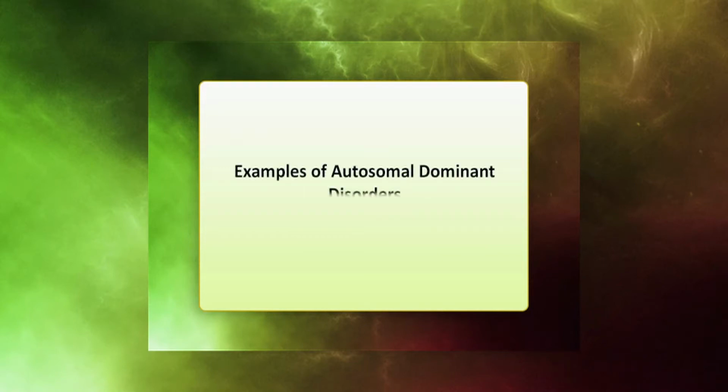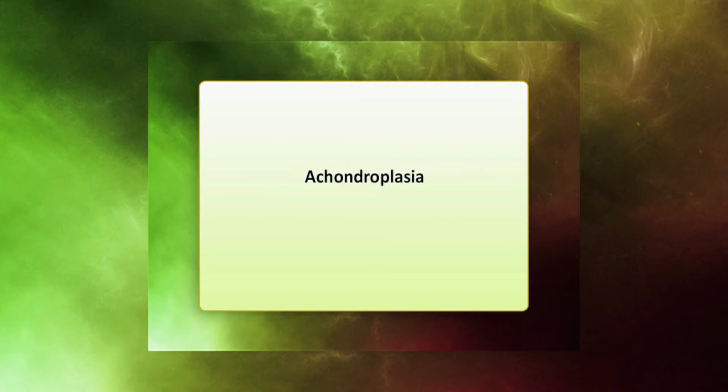Now, let me give you some examples of autosomal dominant disorders. First, achondroplasia. It's a type of dwarfism characterized by short limbs, a normal sized trunk, and various skeletal abnormalities.